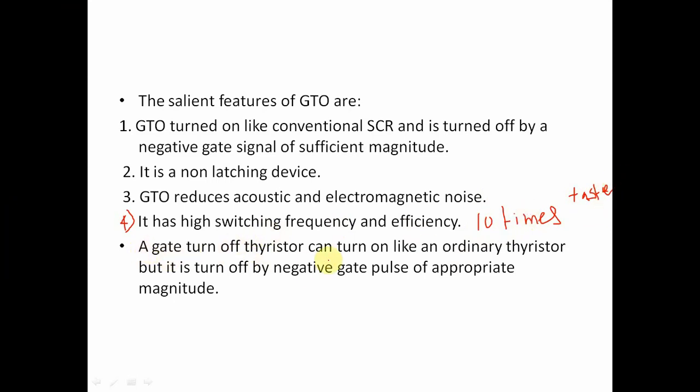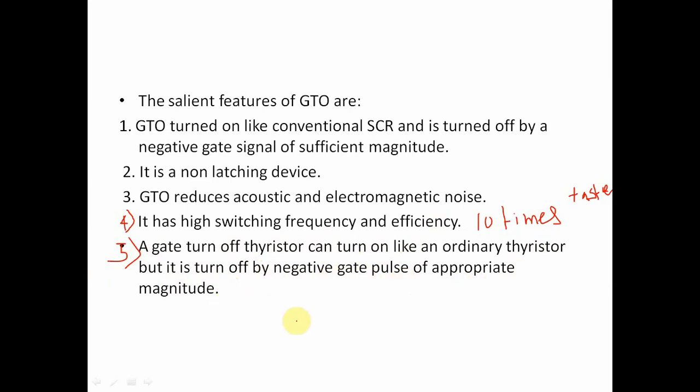A gate turn off thyristor can turn on like an ordinary thyristor, but it is turned off by a negative gate pulse of appropriate magnitude.